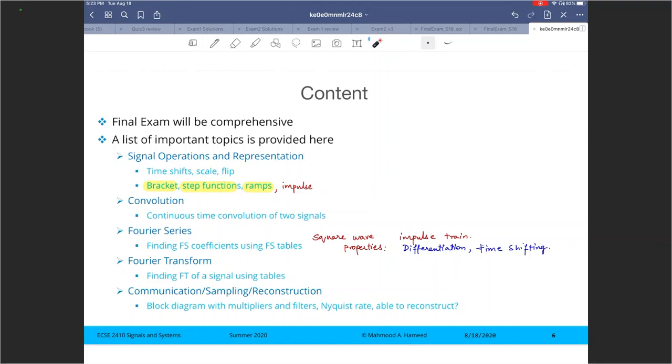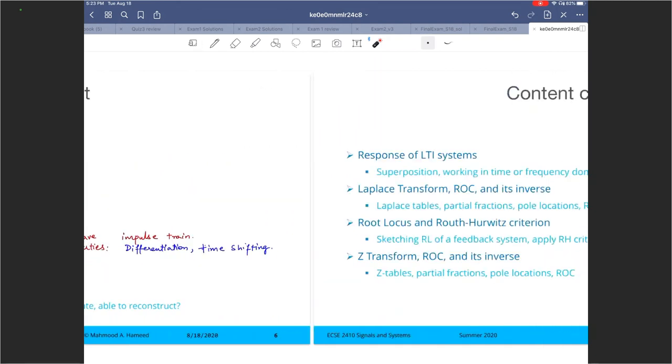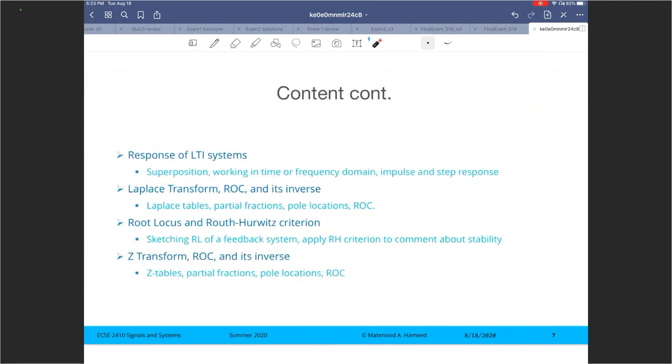So all these are not going to be on the exam. Some of these will be on the exam, but this is where you should focus on from now to the exam time. And in some cases, I might be able to combine some of these topics. So not 9 problems.